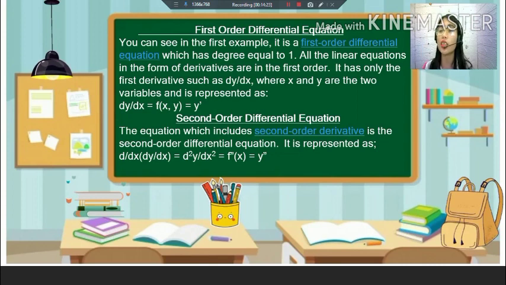The second order differential equation is the equation which includes a second order derivative. It is represented as d over dx of dy over dx equals d squared y over dx squared equals f double prime of x equals y double prime.